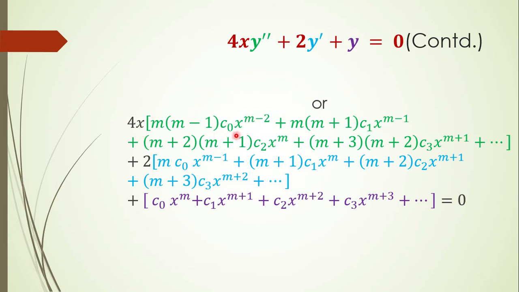Multiplying by x, here we get x raised to m minus 1, then x^m, x^(m+1), x^(m+2) and so on.